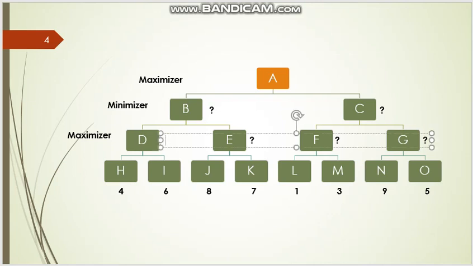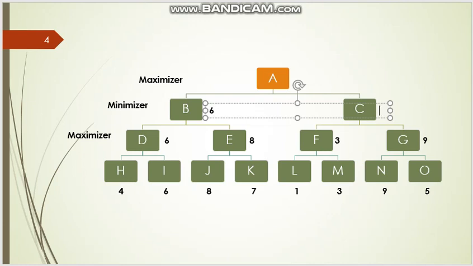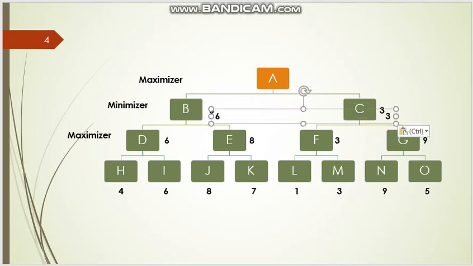So it is 6, it should be 8, it should be 3, and it should be 9. And in this level, the minimizer will choose the minimum value, so it will be 6 and it will be 3. So the value obtained by the maximizer will be plus 6.